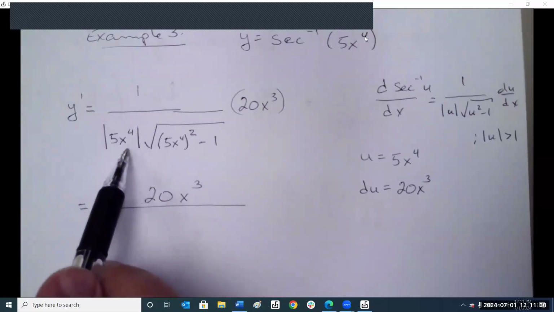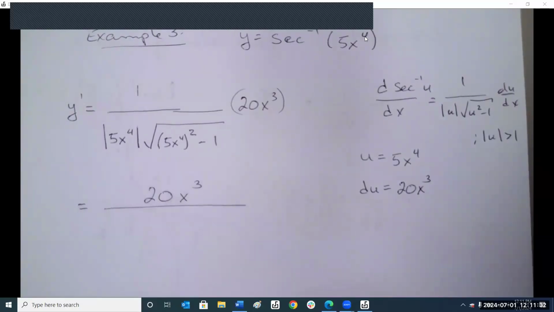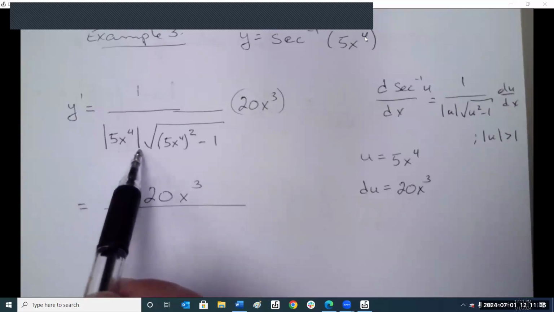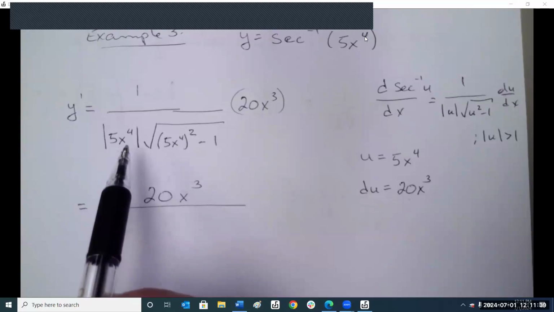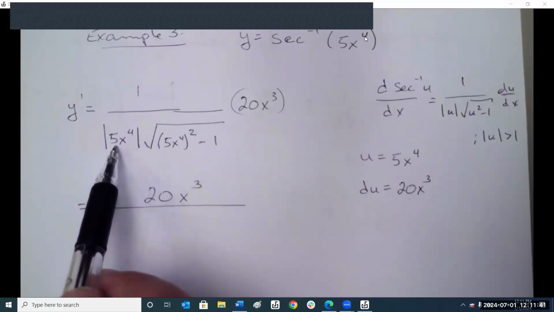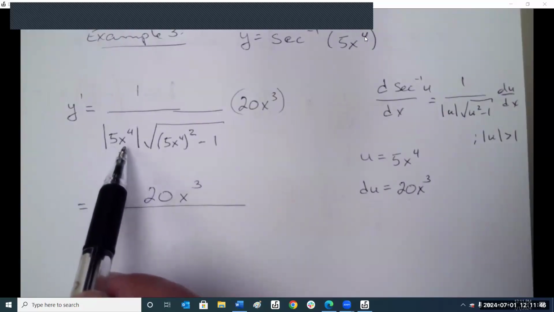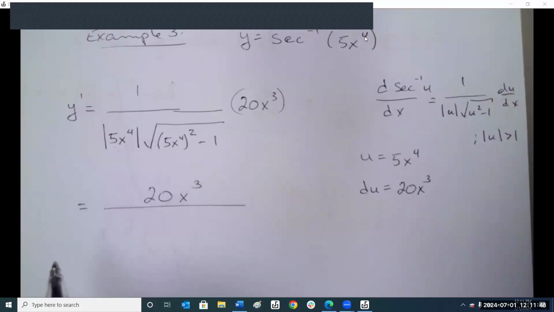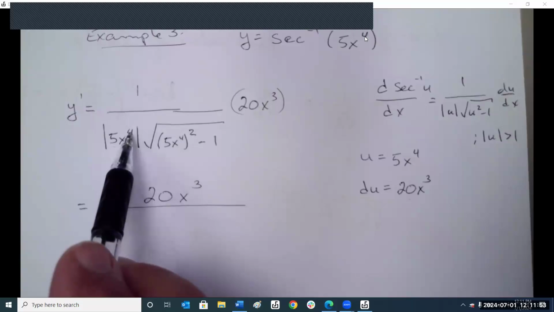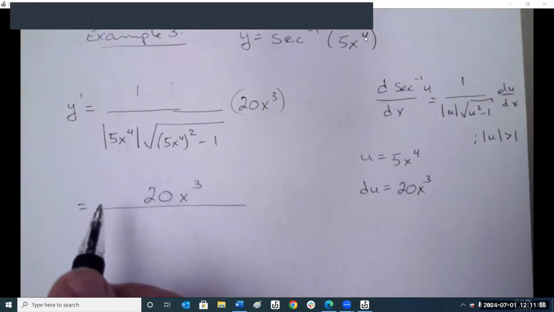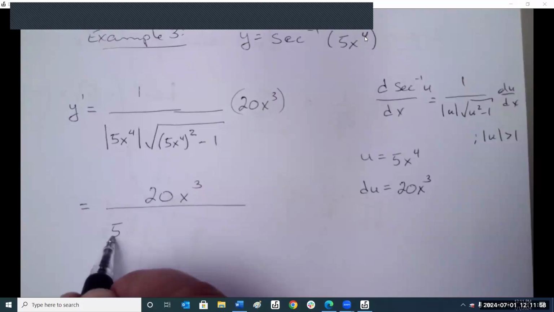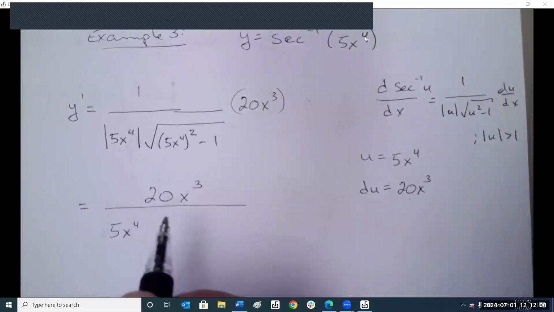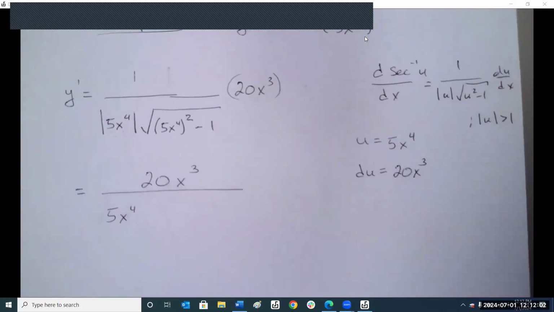Do we need the absolute values on this one? Yes or no? Can 5 ever become negative? No, it's constant. Can x to the fourth ever become negative? No, it's raised to an even power. It's always going to be even. So we don't need the absolute values.